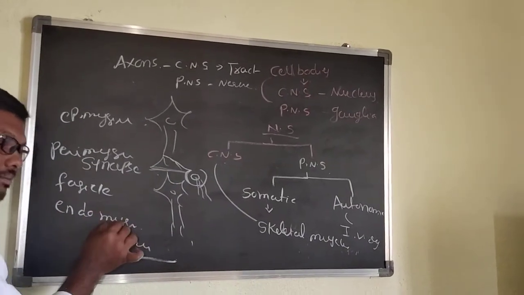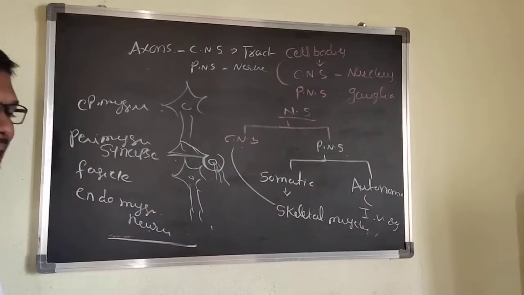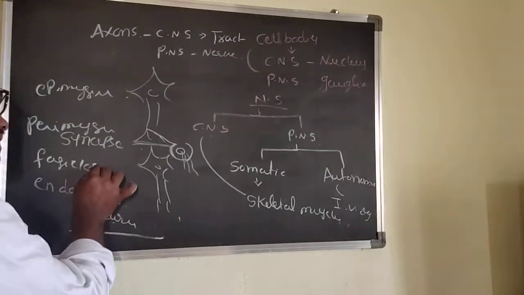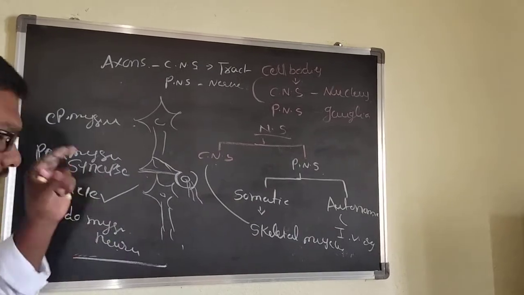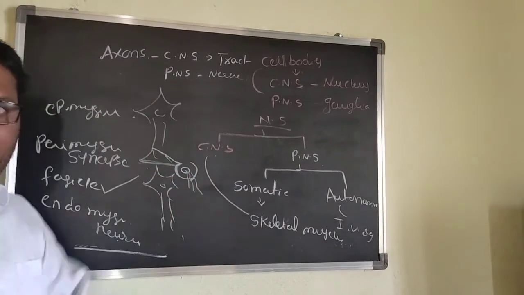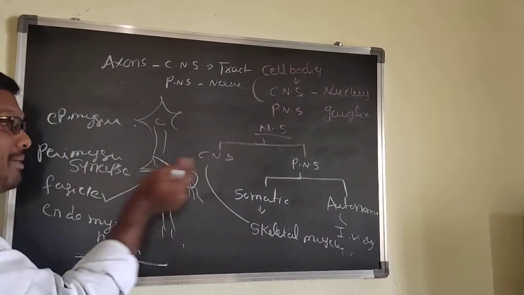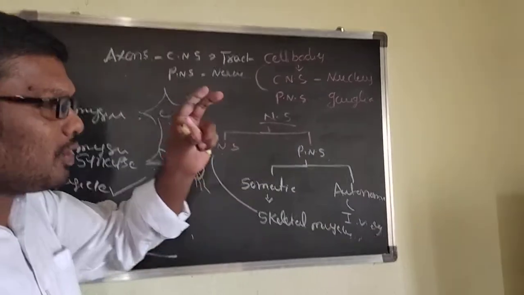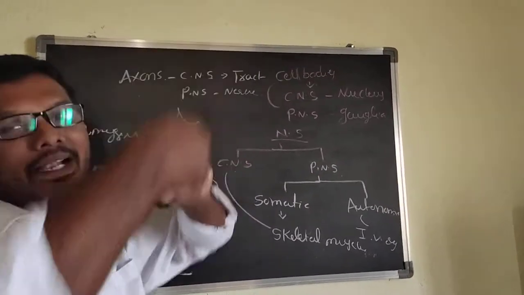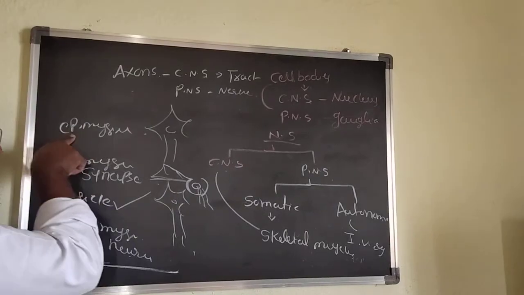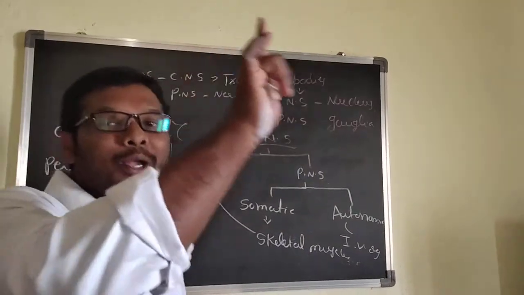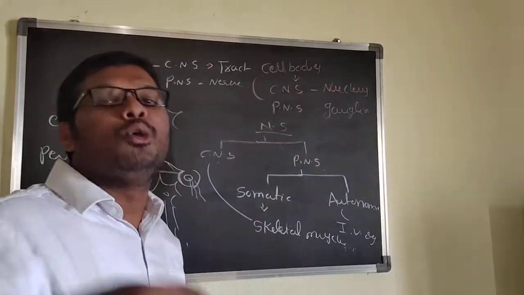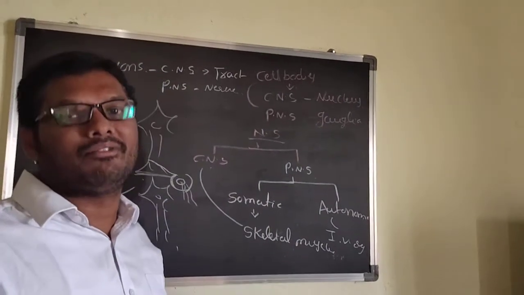Instead of myo, if you go for neuro, a group or bundle of nerve fibers is called a fascicle. That fascicle is covered by a connective tissue sheath called perineurium. All the fascicles together are covered by a connective sheath called epineurium. Instead of mysium, you can keep neurium. That is the only differentiation.